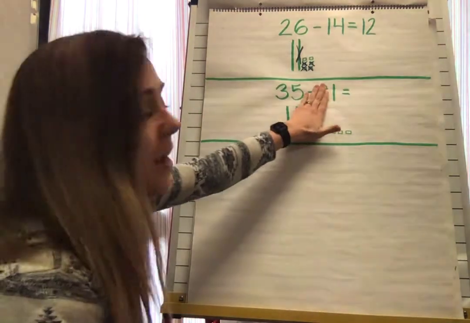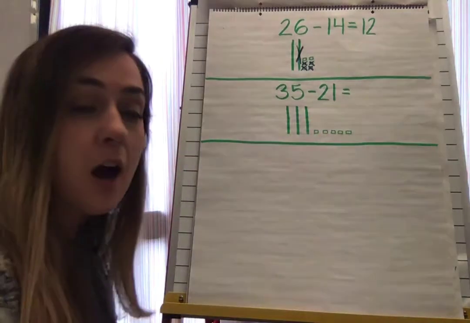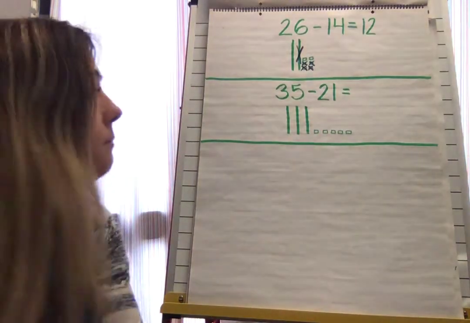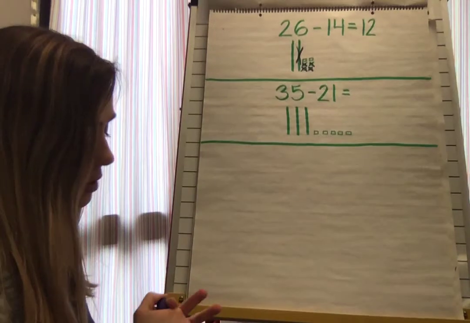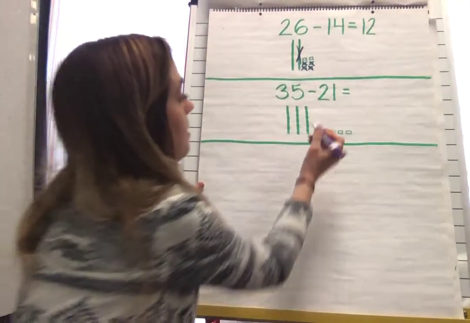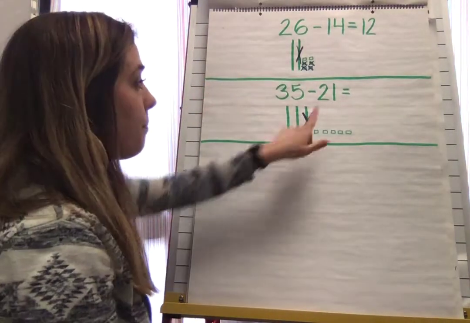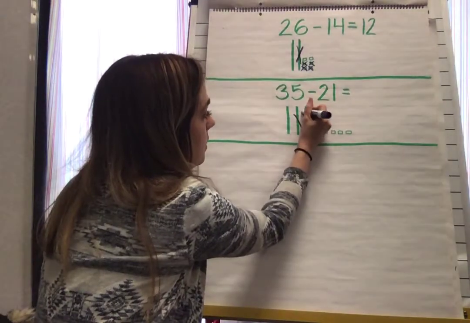And now I'm getting rid of 21. So now I need to go back and cross off 21. So I'm going to cross off my 2 groups of 10. Got rid of 1 group, but I need to cross off 2.